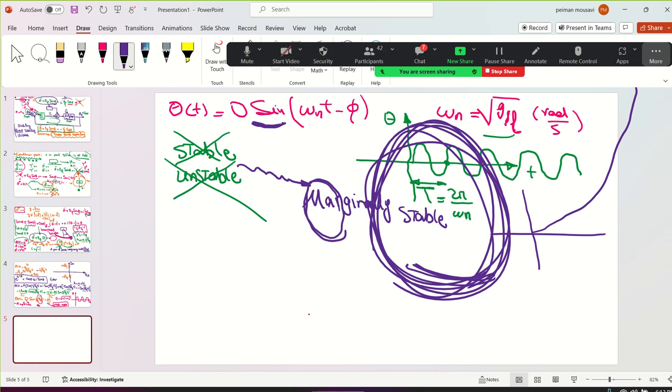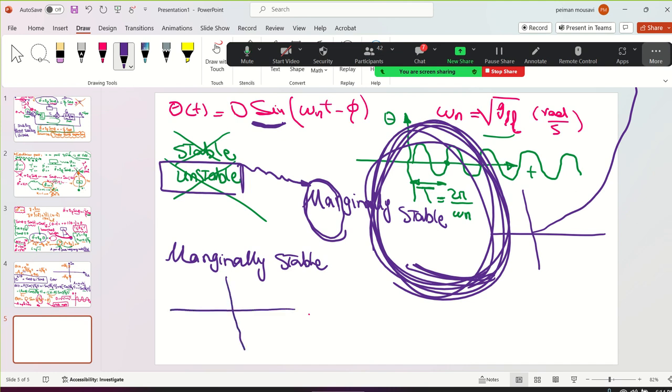So, let us classify. When I say marginally stable system, like the pendulum, I'm going to teach you unstable right after this. So for a marginally stable system, what was the characteristic? What kind of roots or poles, which I'm going to define later, does it have?